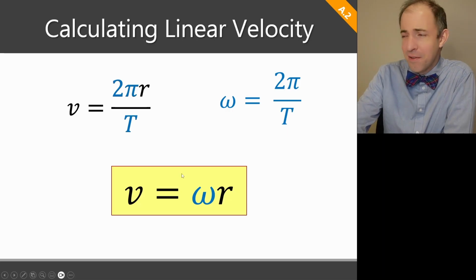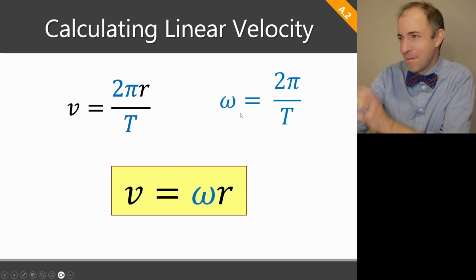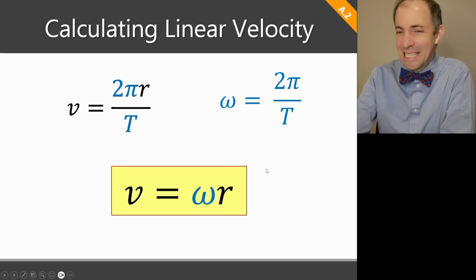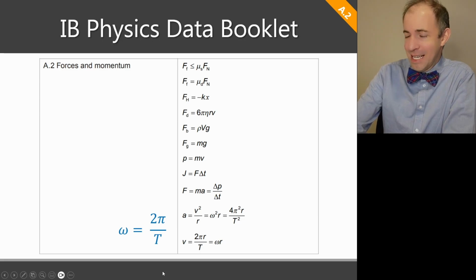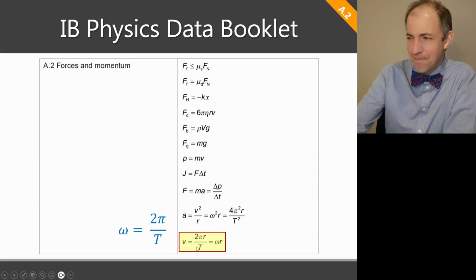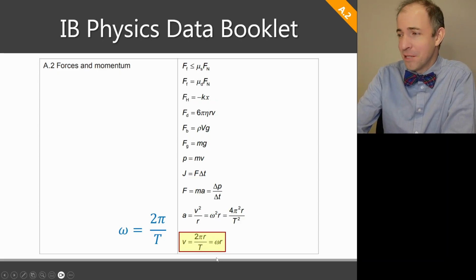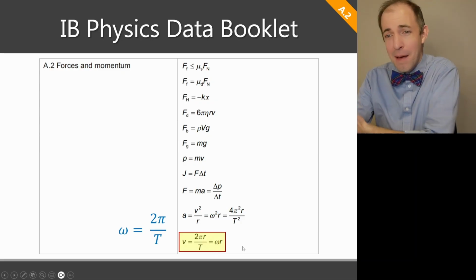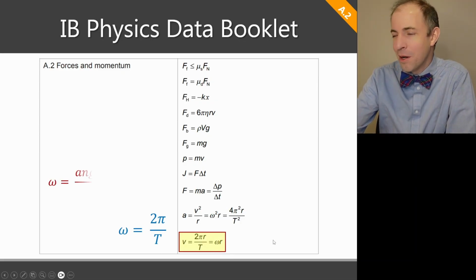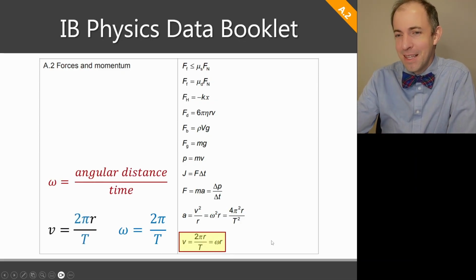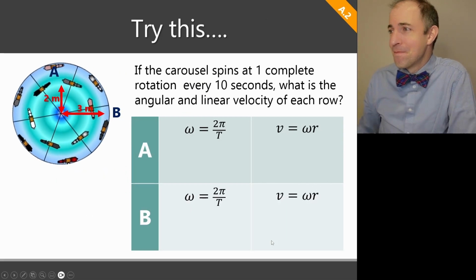It's the only thing that's different in there. This is how this omega definition is hidden in the data booklet. It's not actually in A2, but you'll see that it is the only difference between those two different versions of linear velocity. 2 pi over t times r is equal to omega times r. So you can kind of see where omega fits in there in that sense.